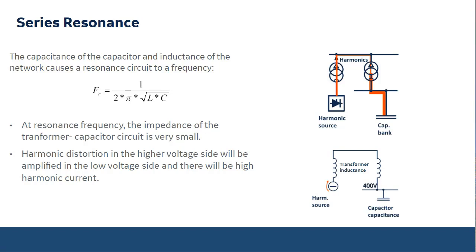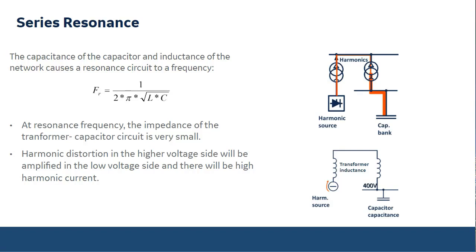Then you will have your transformer winding and then your capacitor. There's a resonance. They will amplify this harmonic that comes from another source. So this is very tricky to see beforehand if you have this kind of situation. These are typically you see when you start to have problems or you make measurements.